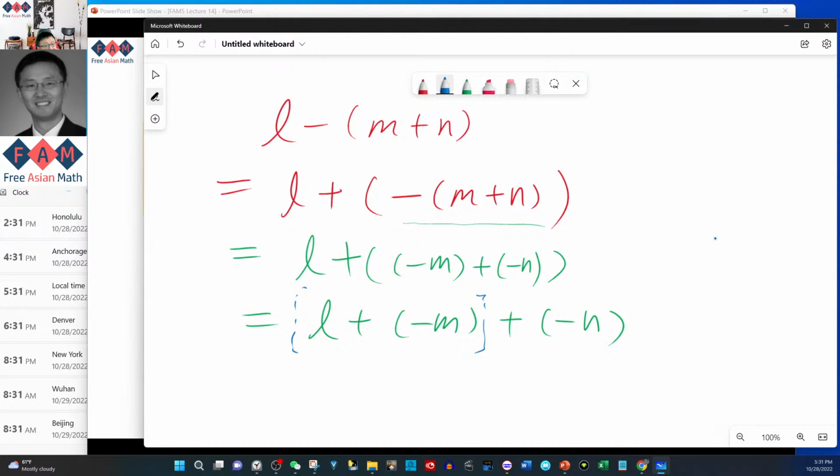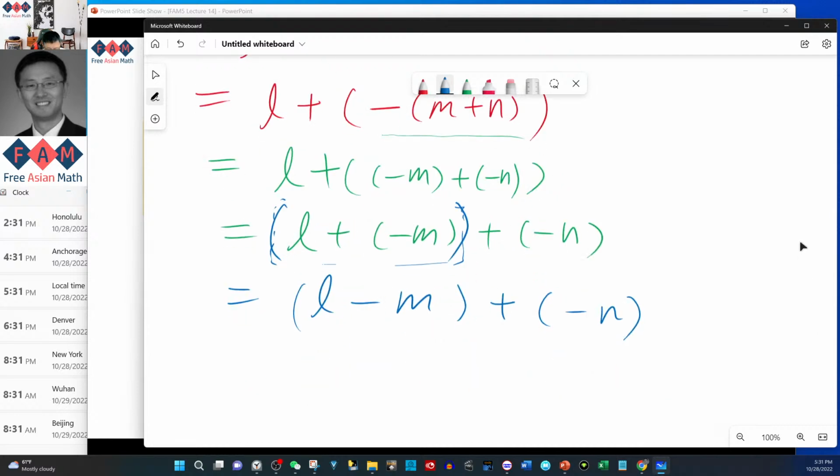Now we use the result from last time again. We can convert what is inside this parenthesis, making it explicit. This will be L minus M, right? Because adding the negation of M is the same as subtracting M. Now we are adding the negation of N, and once again we use the same result from last time: adding the negation of a number is the same as subtracting that number.